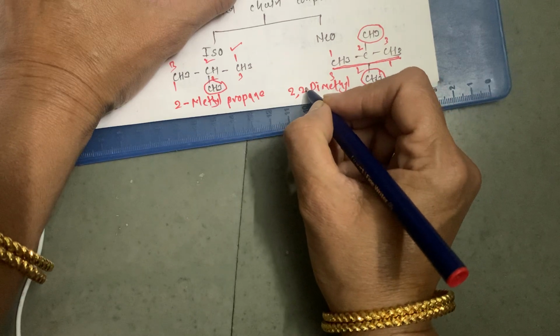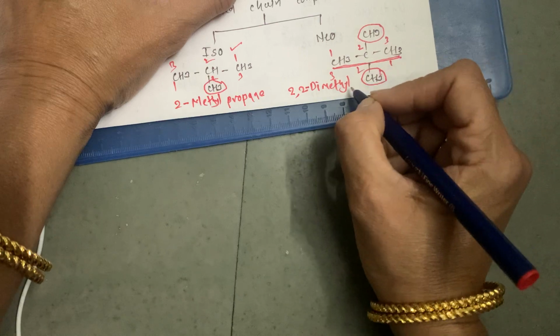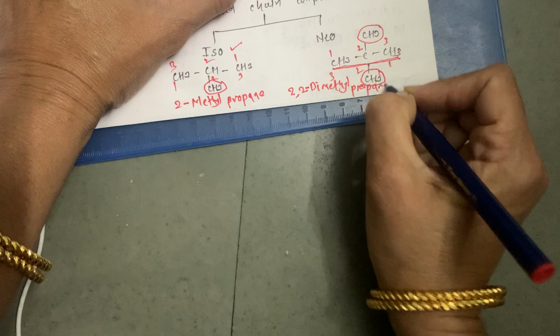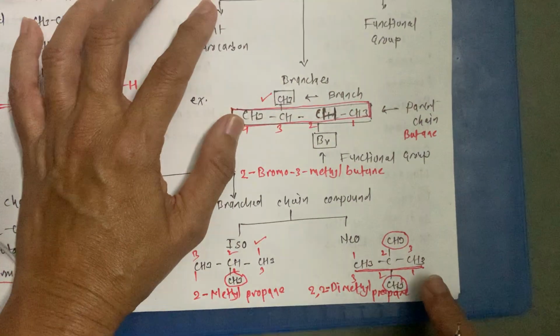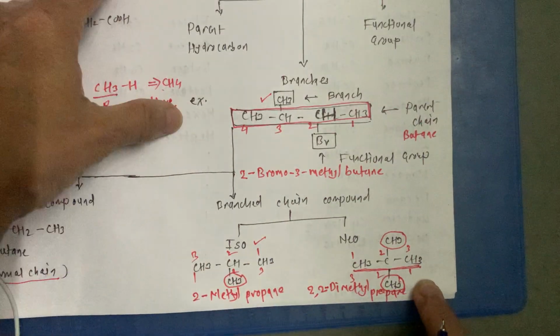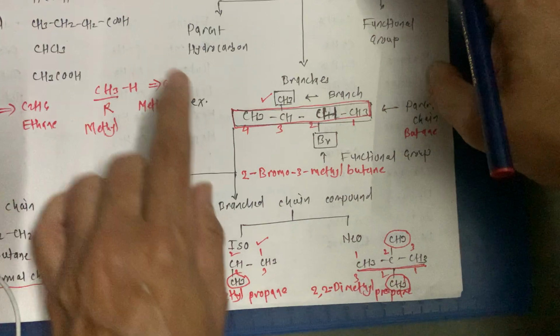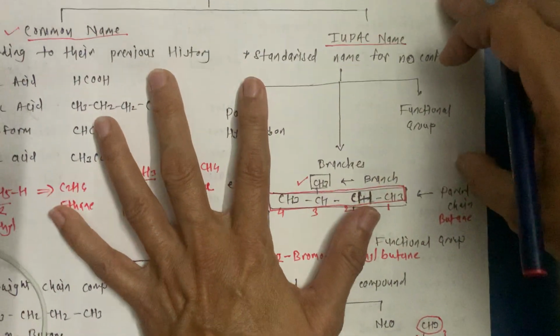In number and alphabet, we have to write dash, and then we can write the parent hydrocarbon as propane. So this is 2,2-dimethyl propane.